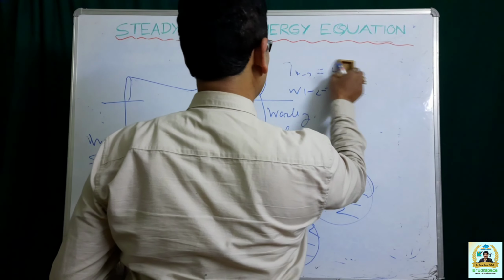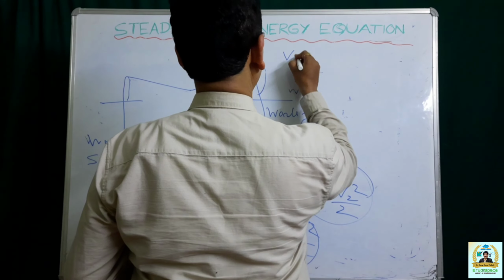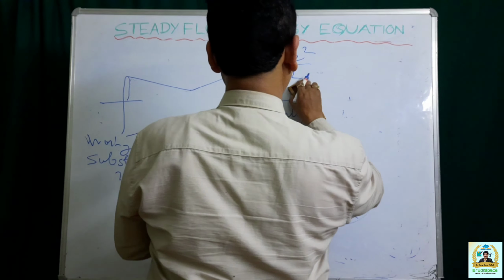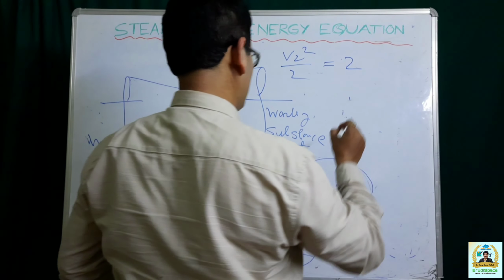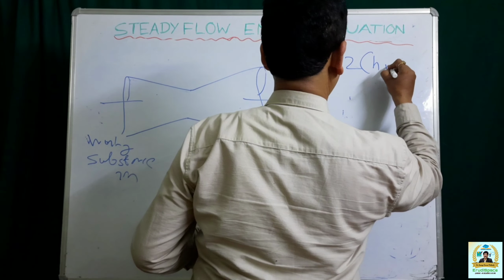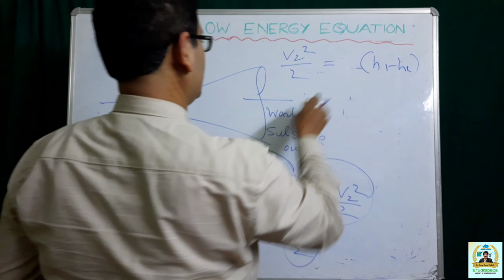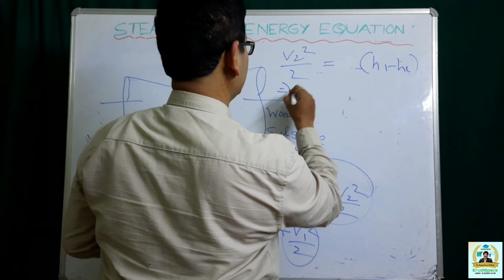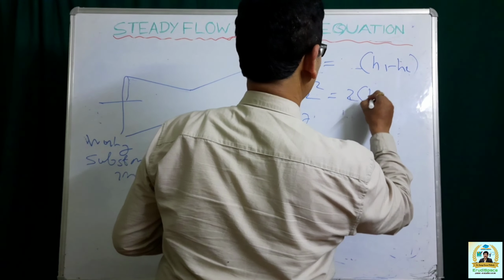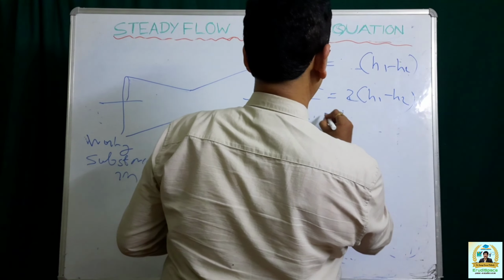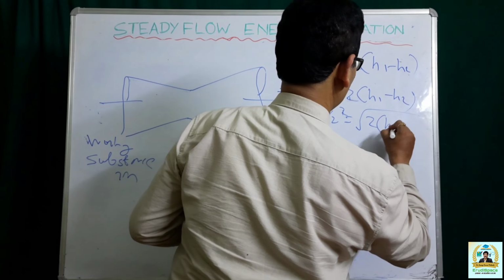If you neglect that, you get V2 square by 2 is equal to H1 minus H2. So this implies V2 square is equal to 2 times (H1 minus H2), and then V2 is equal to square root of 2 times (H1 minus H2).